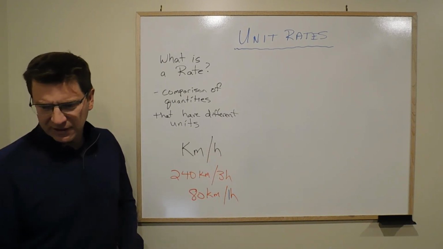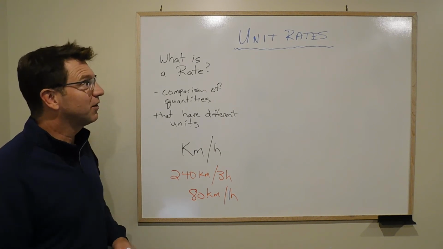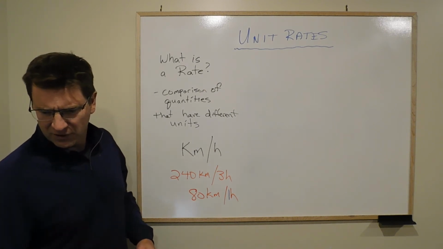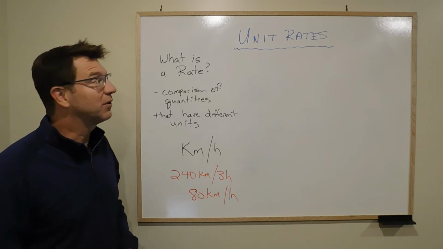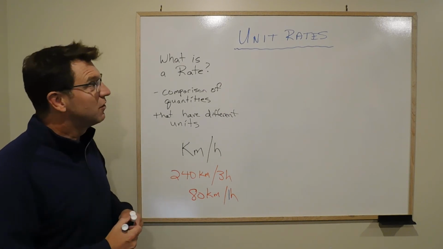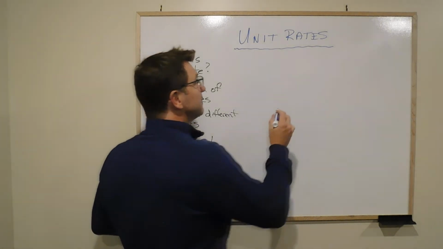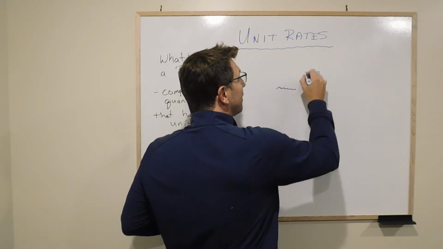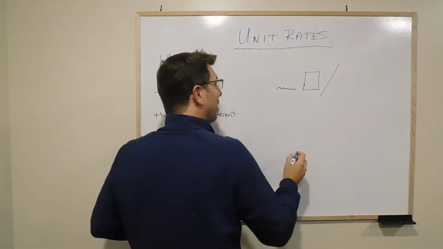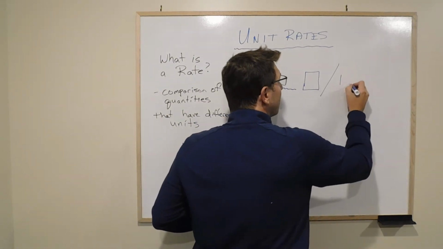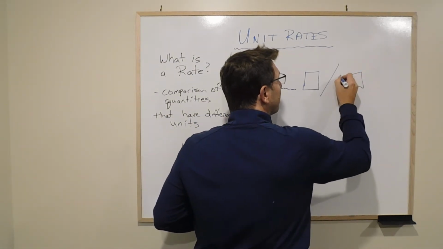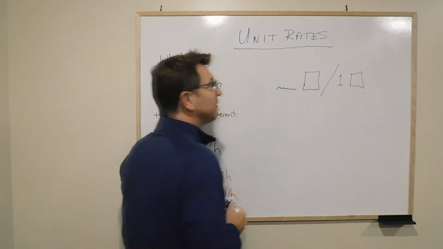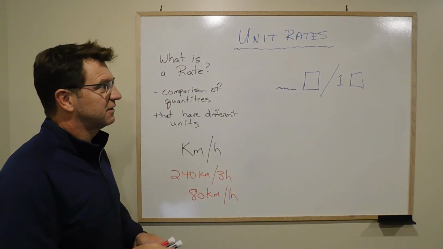So the one we're looking at here is cost per lab coat, $15 per lab coat is what we're looking at, okay? So a unit rate is always a comparison of some unit divided by one of another unit, okay?